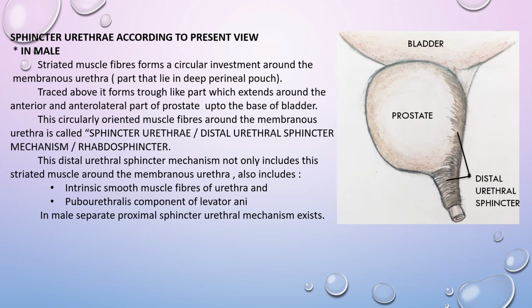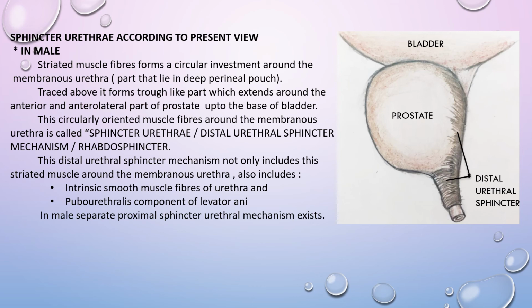Traced above, it forms a trough-like part which extends around the anterior and anterolateral part of prostate up to the base of the bladder. In this diagram, you can appreciate the sphincter urethrae muscle forming a circular investment around the membranous urethra. If you trace these fibers above, they extend across the anterior and anterolateral part of the prostate up to the bladder.